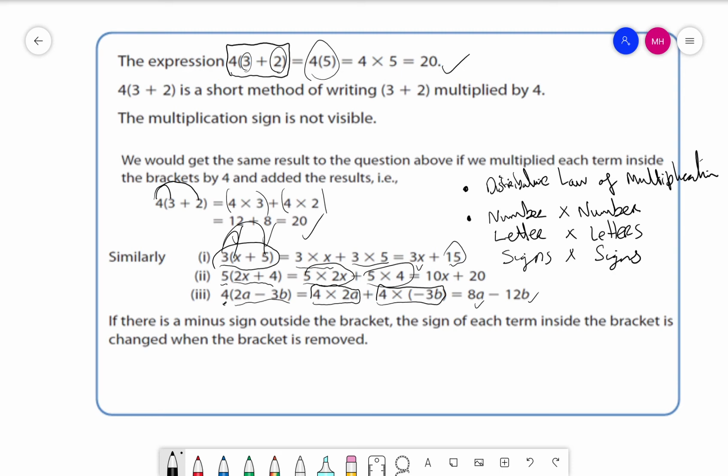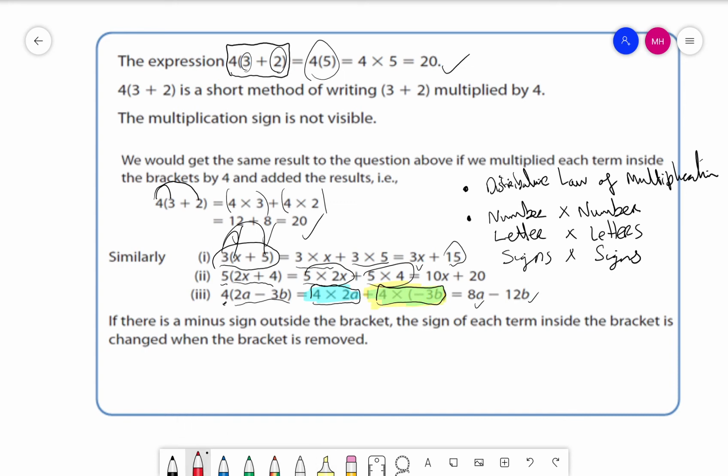This last one here is a good example of that.